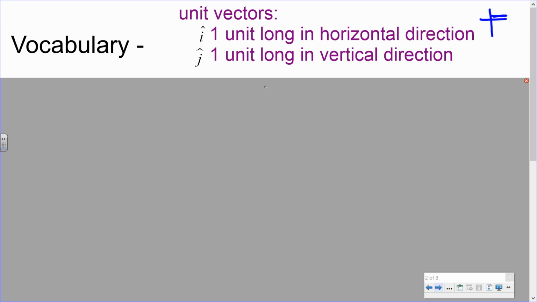So i hat is the vector that goes straight to the right and is 1 unit long. So when we have 3 i hat, that means 3 times this vector, so 3 times as long in that direction. When we have minus i hat, it flips and it means we go 1 to the left. j hat is then 1 unit long going straight up. So minus j hat is 1 unit long going straight down.